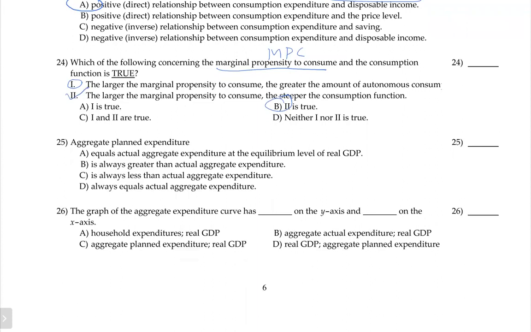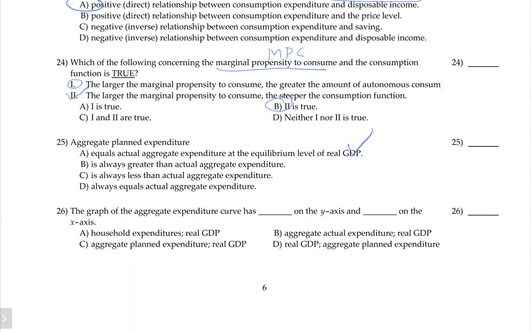Now let's look at 25. Aggregate planned expenditure. Okay, let's go one by one. A, equal to aggregate expenditure at the equilibrium level of real GDP. Okay, so this is correct. Now let's look at the other options. B, is always greater than the actual aggregate expenditure.